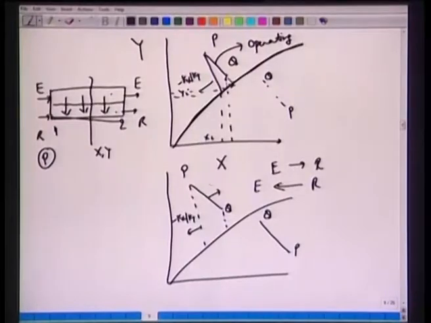Here this is the slope of minus Rs over Es, flow rates of the two streams, and we have minus kx over ky, and this is the flow rate of, we have R over S, excuse me. So this is your R.